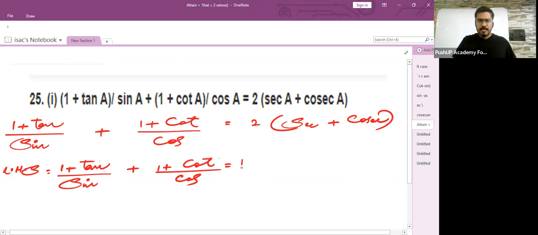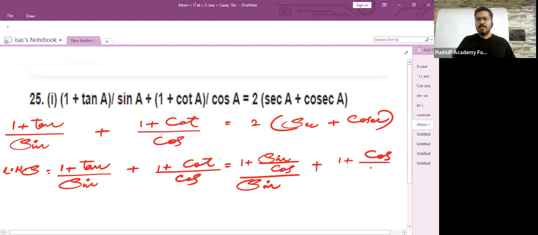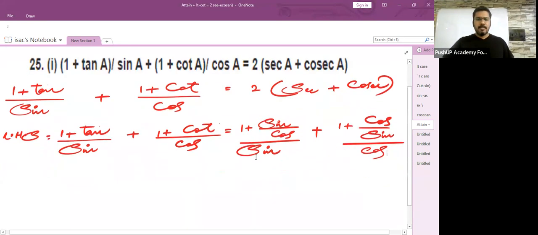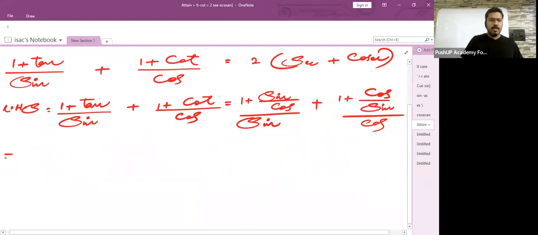I'm surprised here, even after doing it. Let's check what's the problem here. So 1 plus sine upon cos divided by sine plus 1 plus cos upon sine divided by cos.